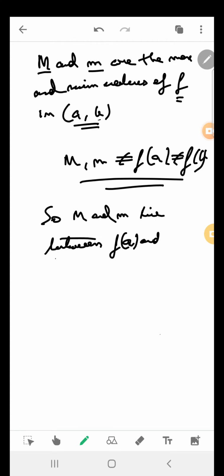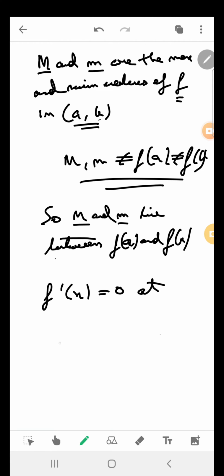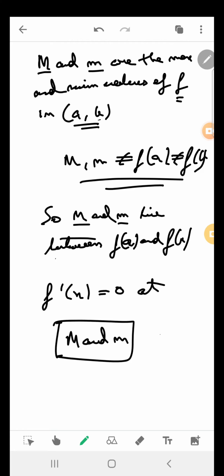Now since capital M and small m are the maximum and minimum values, f'(x) must be equal to 0 at M and m. Clear? At the maximum or the minimum value, the first derivative must always be 0. We already know this from the concept of maxima and minima.